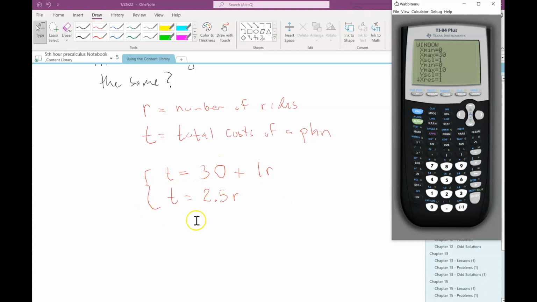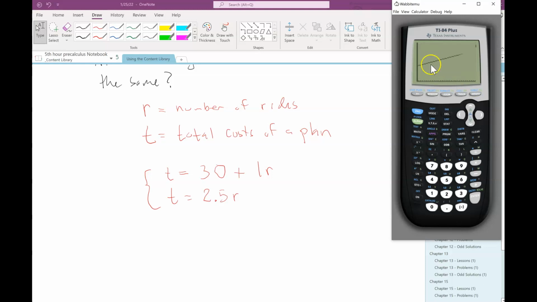And under Plan B, if I rode 30 times, that would be $75. So I think 75 seems like a good upper bound for the Y's. Does everybody feel okay there? It's just to match whatever my upper bound is for the X's, but in all reality, it doesn't matter a whole lot as long as you can see the intersection.